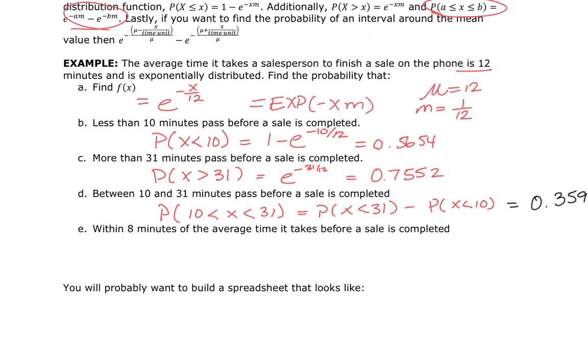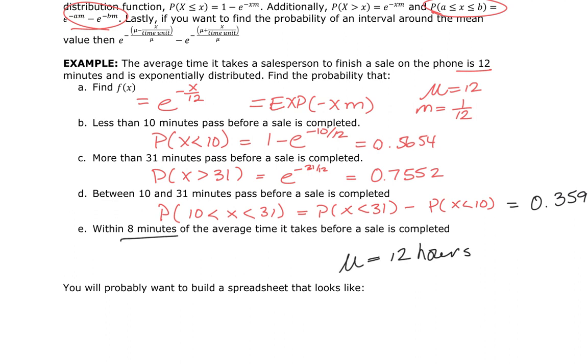So what we're going to do is we have to talk a little bit about what this time unit was. I have 12 minutes and I have 8 minutes, so they're in the same units of time. Had this been in 12 hours and this would have been in 8 minutes, then this time unit would have been the thing I needed to do to convert. So let me explain. Say my mu was in 12 hours, right?